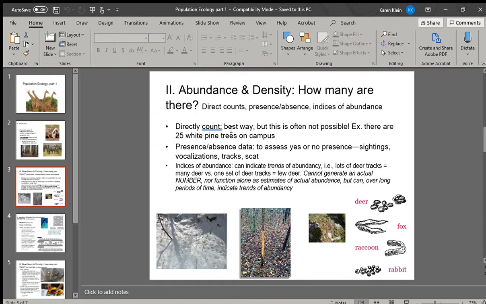If you wanted to know, it might take a while, we have a pretty big campus. But if we can directly count them, then good on us. That's what you want, an absolute number through what we call a direct count. If that is possible, awesome. There are 25 white pine trees on campus because we went out and counted all of them.